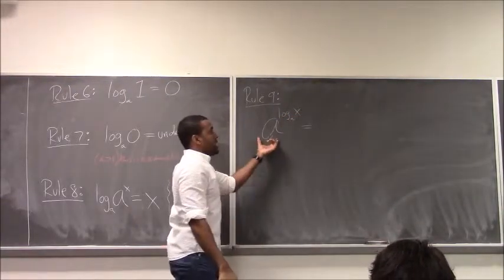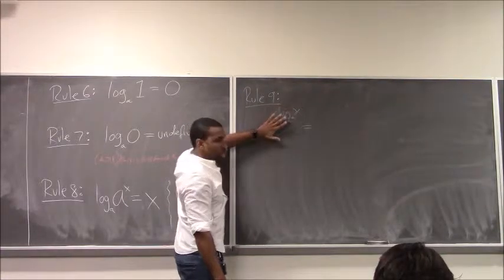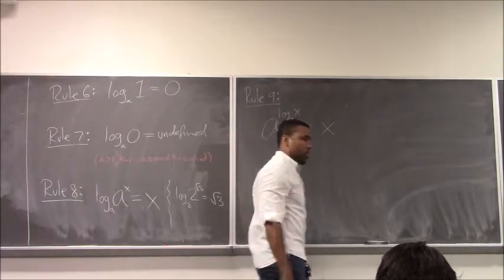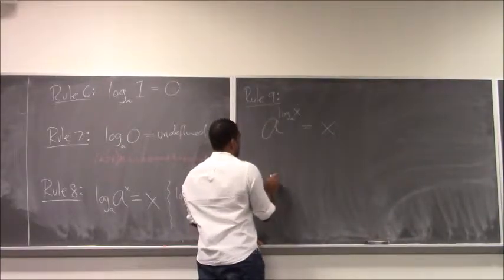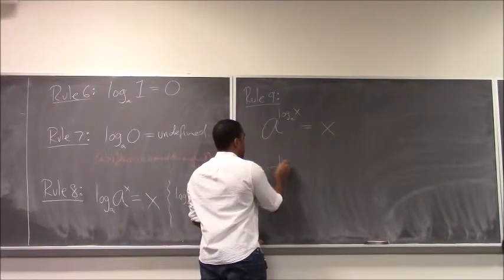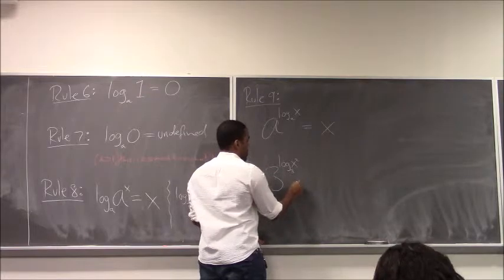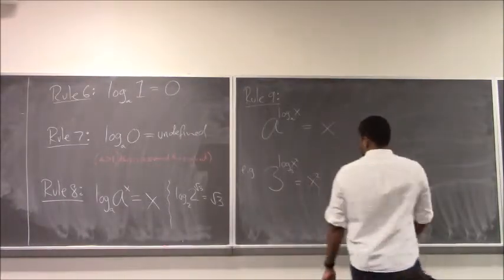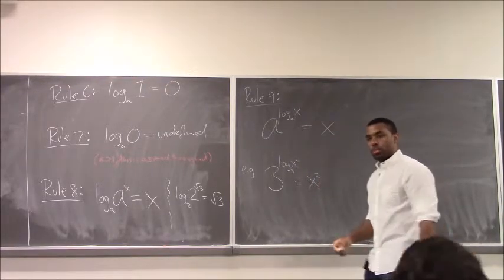If I have a base a raised to the power log to the base a of x, those you can think of as canceling as well, and that will give you x. So, for example, if I have 3 raised to the power log to the base 3 of x squared, that is just x squared. Whatever the thing inside the log is, that's what the entire expression will be.